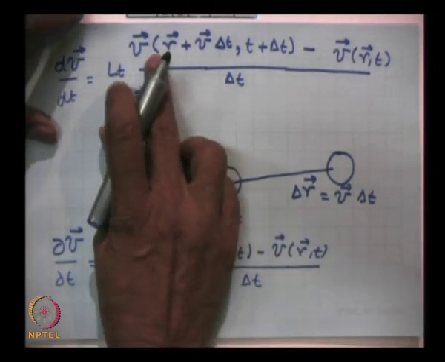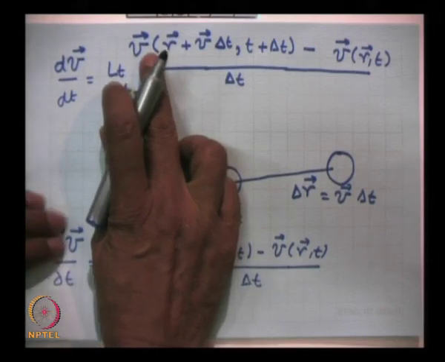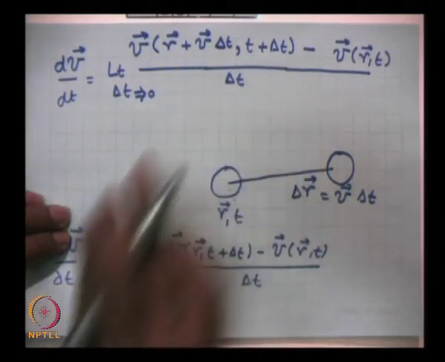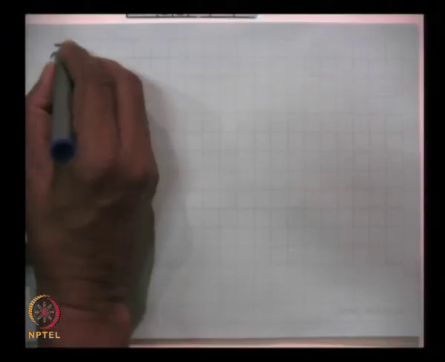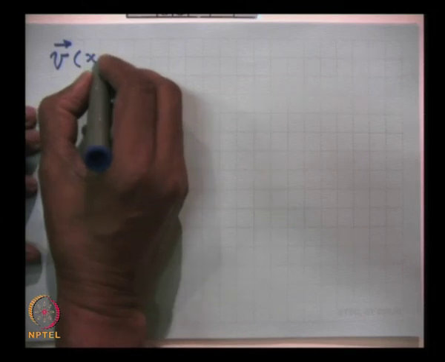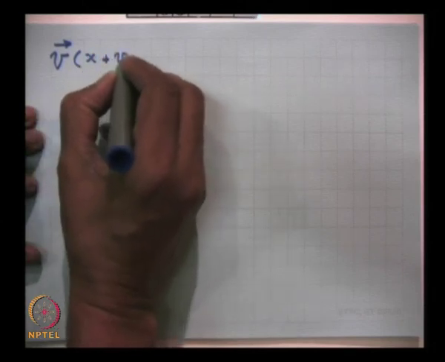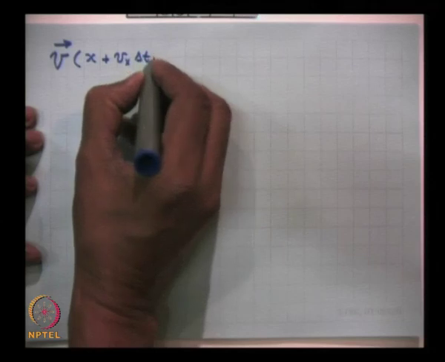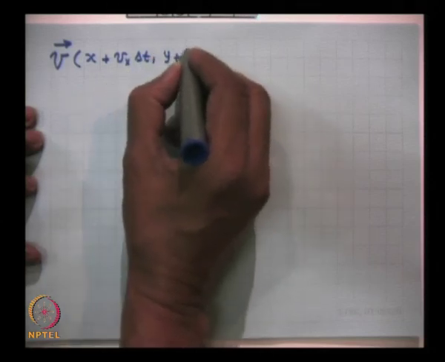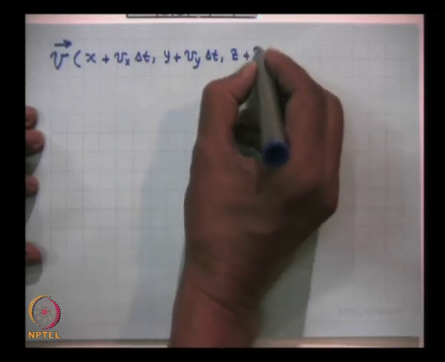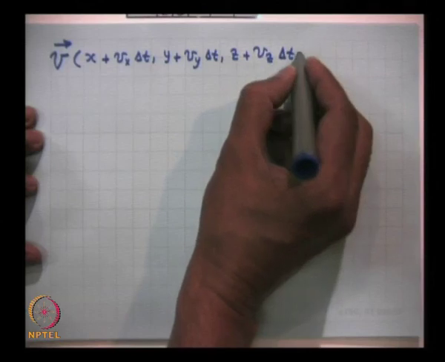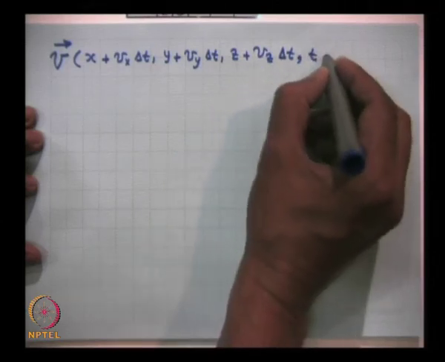Now, we can understand that this V is a function of 4 variables, and we can employ Taylor expansion to simplify this expression. I will do that. So, I can write simply V as a function of x plus Vx delta t, y plus Vy delta t, z plus Vz delta t, comma t plus delta t.